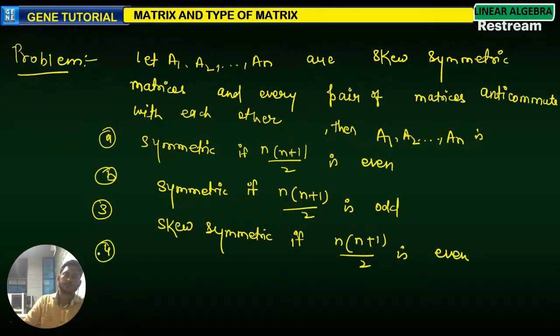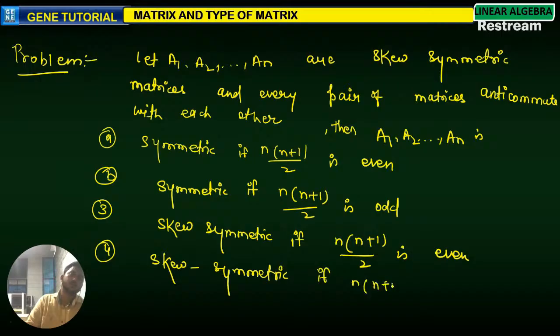And last option is skew symmetric if n plus 1 upon 2 is odd. So this is an MCQ problem. How could you solve this problem? Tell me in the chat box.